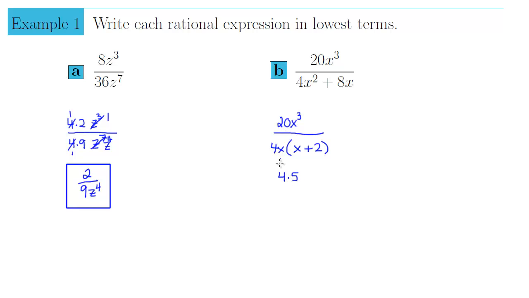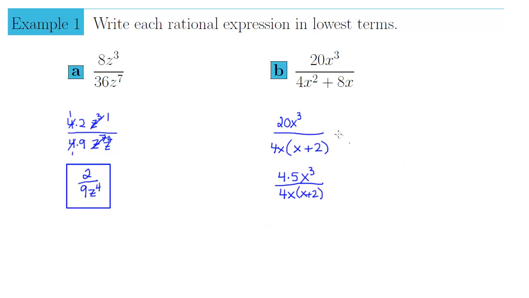That will allow us to cancel a 4 from the numerator and the denominator by writing it like that. We also have x on the bottom and x plus 2. And in the numerator, let me rewrite that, we had x cubed up here. We'll also observe that there's x's, 3 of them multiplied together, 1 of them down here, and so 1 x will cancel with 3 x's, leaving us with 2.